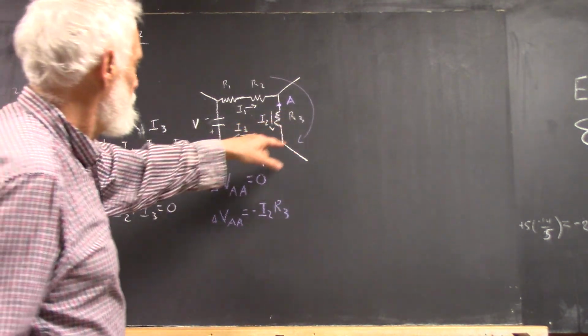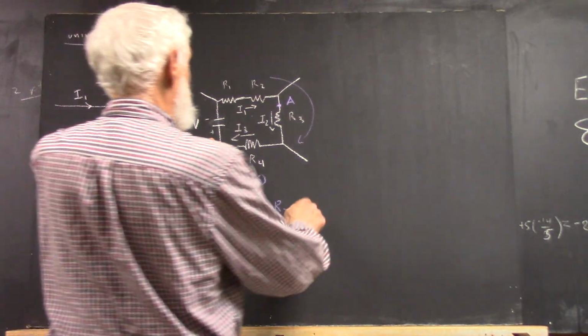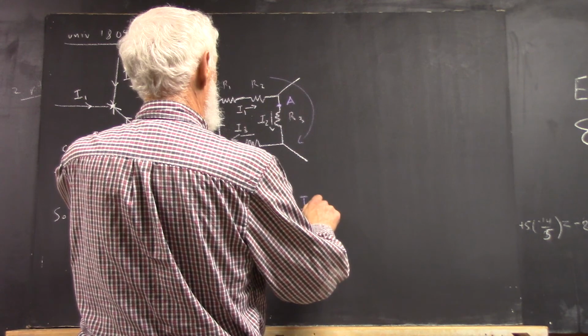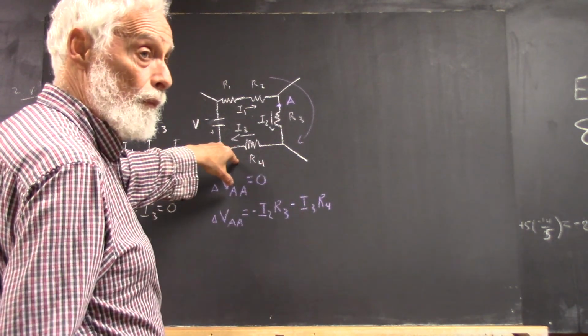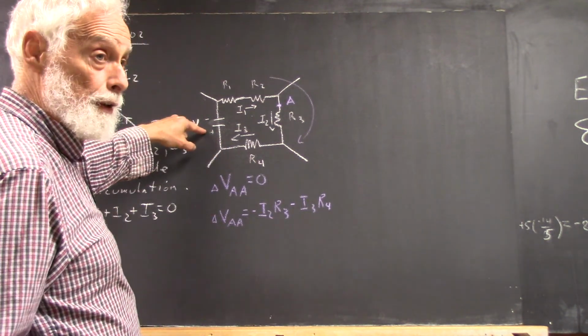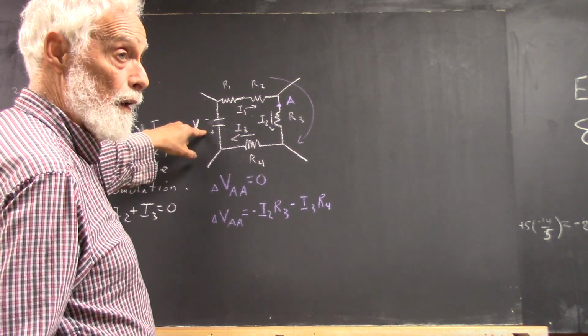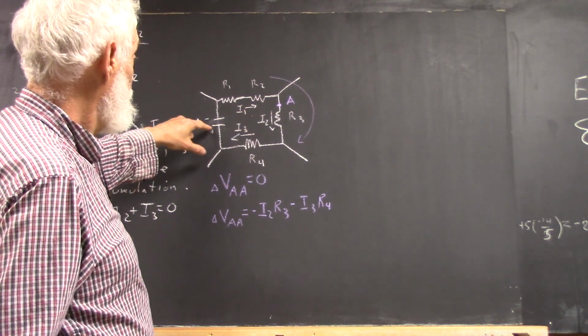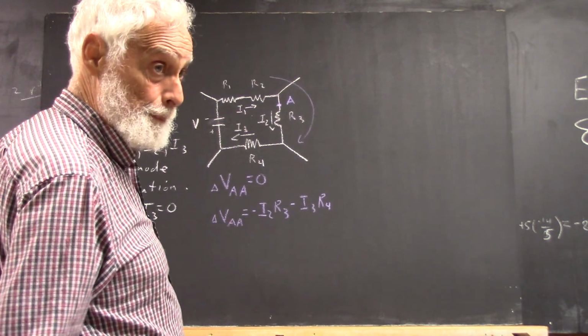And then we continue around the loop. Well, this would then be negative, right? And then what's this? Well, we're going from positive to negative. Potential goes down, right?